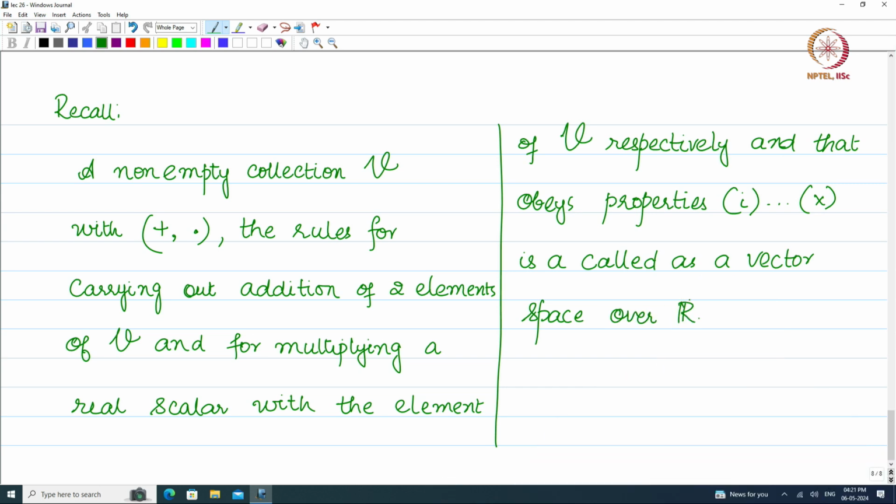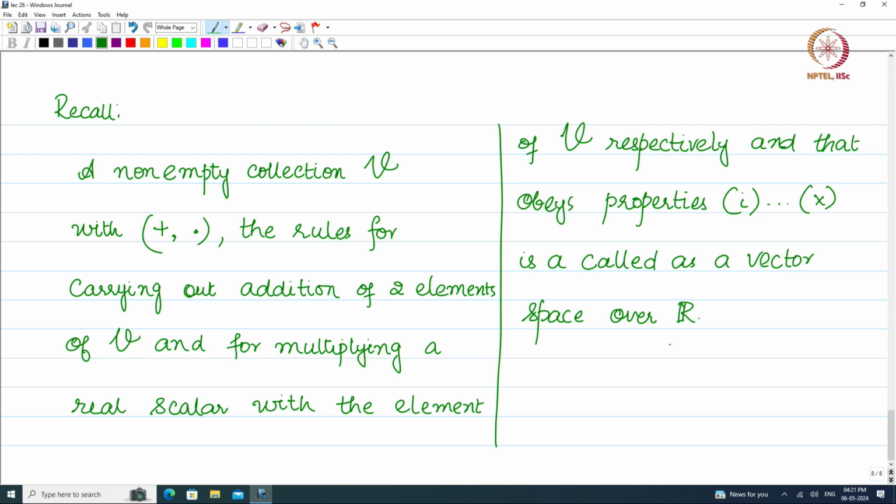This 'over R' is essential because we are saying that the components are all going to be real numbers, and therefore the addition and other operations are basically done as in our real numbers, that is addition of two real numbers and multiplication of real numbers. In fact, you can actually define your own rule for combining or adding two vectors, multiplying two vectors, that is also allowed in a vector space.